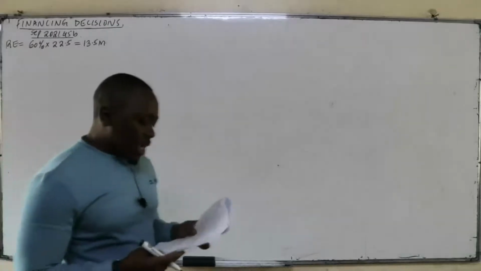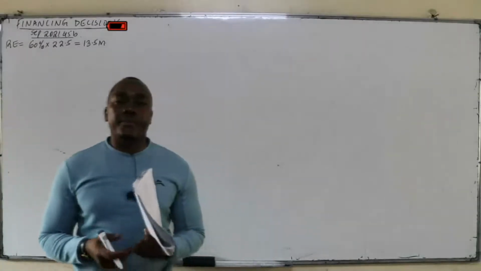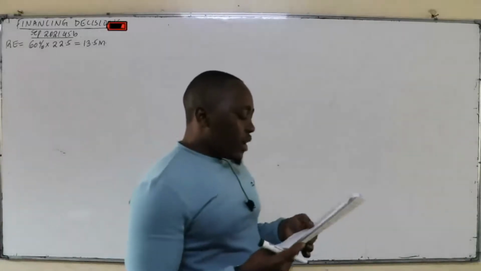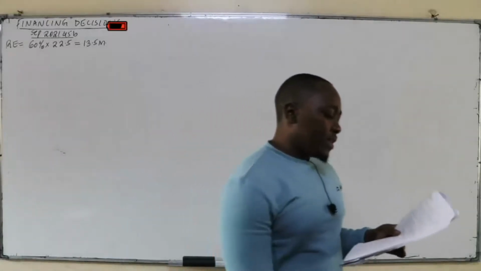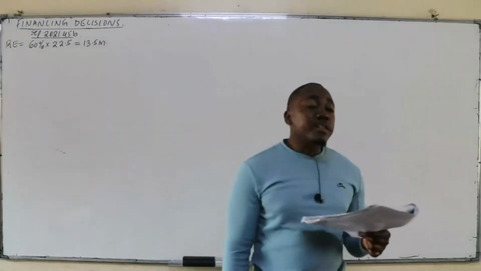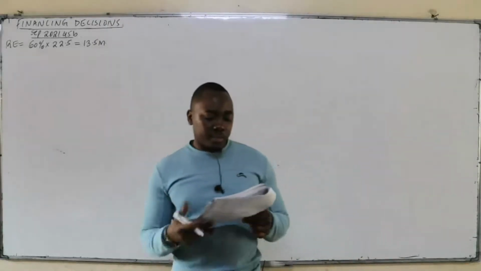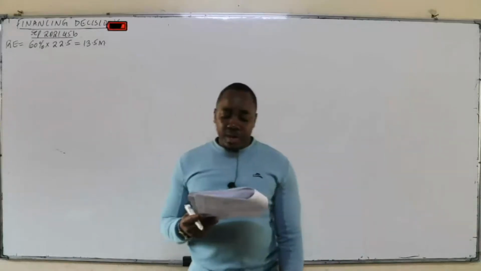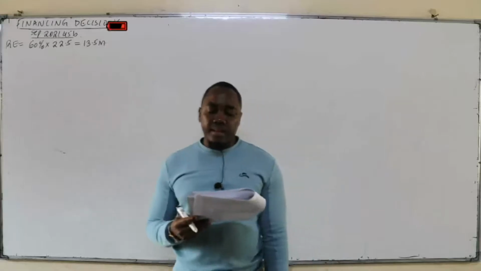Flotation cost amounts to 8 shillings per share. That's F. The company could issue an unlimited number of 11% preference shares at 96 per share. The par value is 100 shillings. The company could obtain a bank loan of up to 24 million at a pre-tax interest rate of 10% per annum.